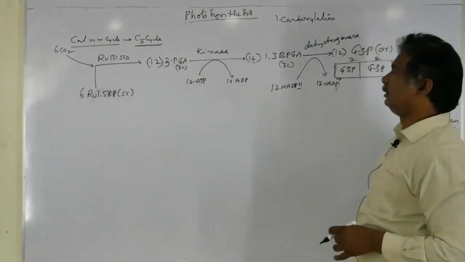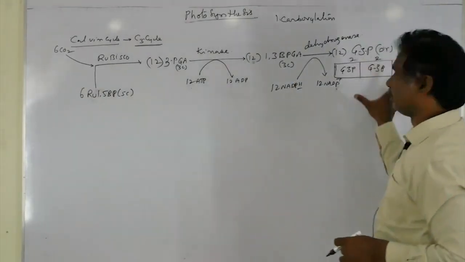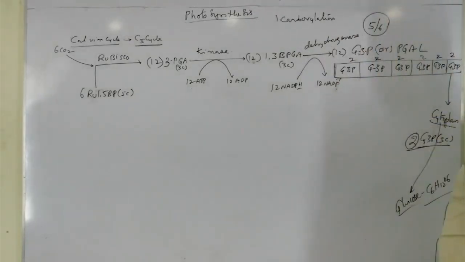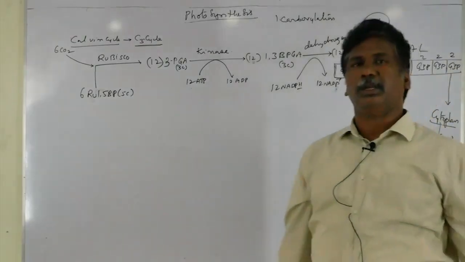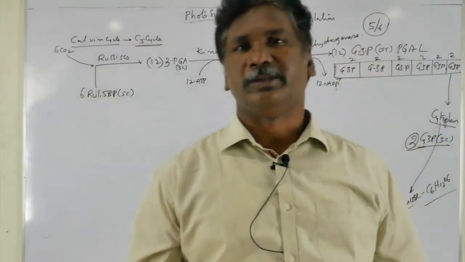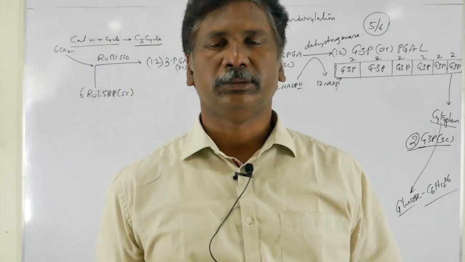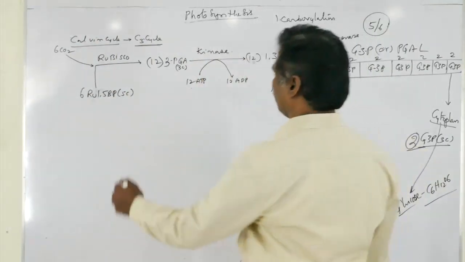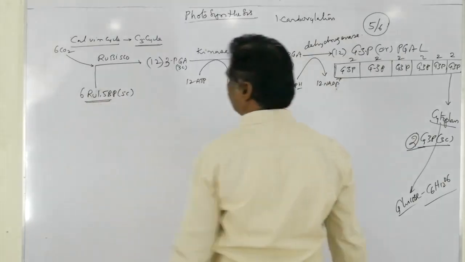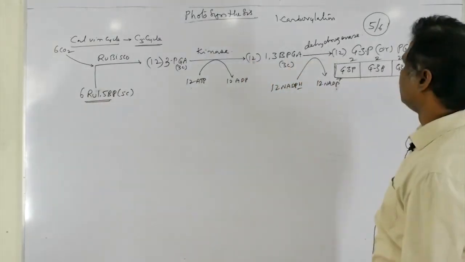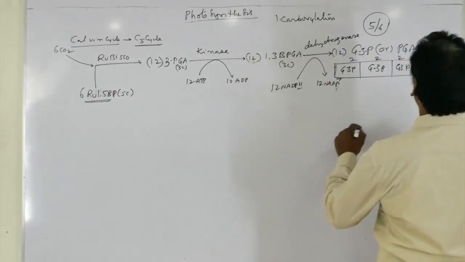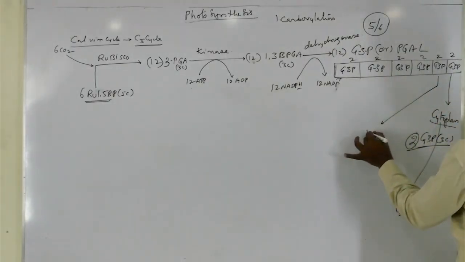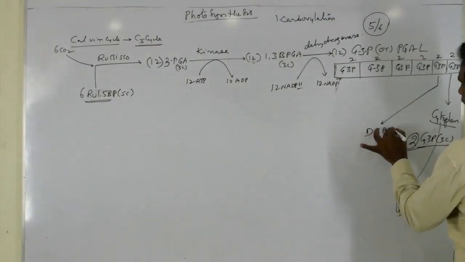Next, the remaining 10 molecules, 5/6 of the G3P, glyceraldehyde 3-phosphate, are used for regeneration of the primary product, ribulose 1,5-bisphosphate. So it is the third step. In regeneration, G3P is converted into DHAP.